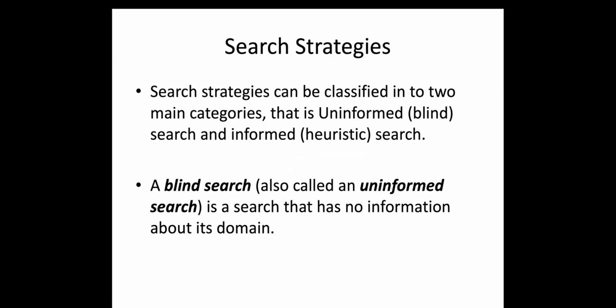Search strategies. With a search strategy, we are looking at how you are going to approach the search problem. We can classify the search strategies into two main categories: informed search and uninformed search.